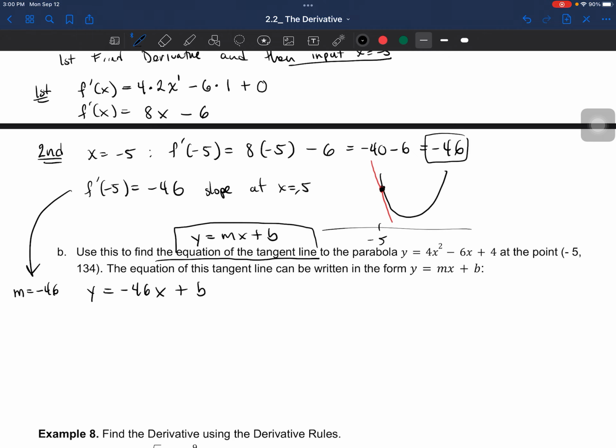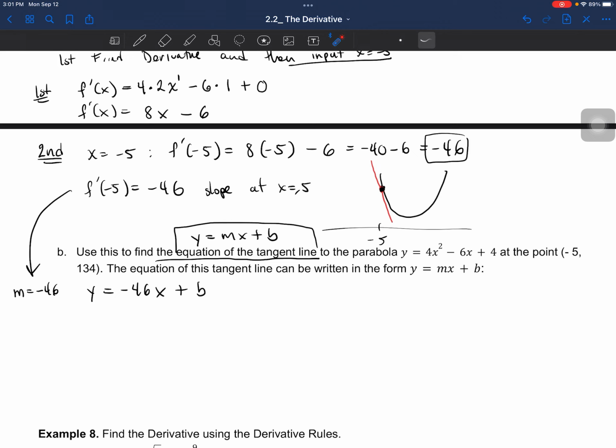So m equals -46, and we have y equals -46 times x plus b. We're almost done. We have half of the work done. What we need to do is find that b. Now we have too many unknowns, because y is an unknown, x is an unknown, and b is an unknown. Now x is a variable, and y is a corresponding value for this variable. b is supposed to be a constant.